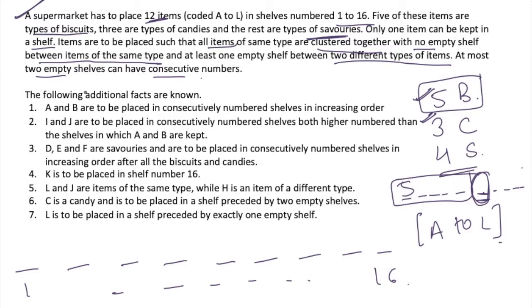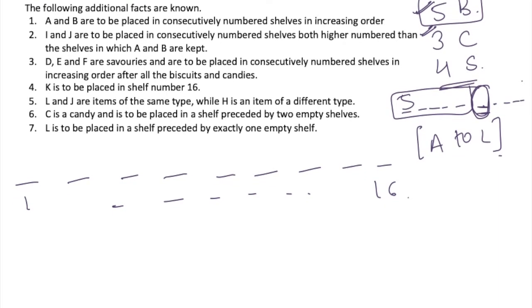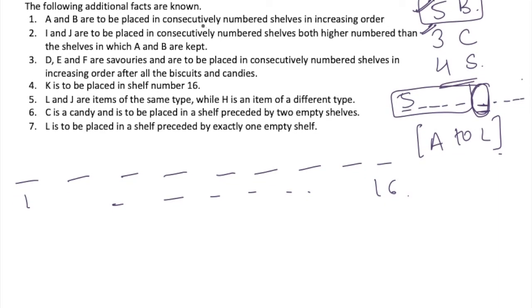Then the following additional facts are known. The first fact: A and B are to be placed in consecutively numbered shelves in increasing order. That is, if I place A at 1, B will be at 2. Let's see what number we will place them at.